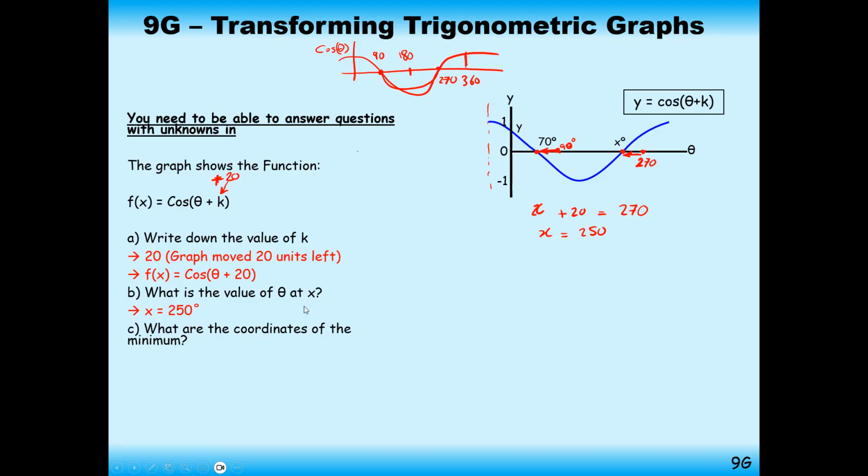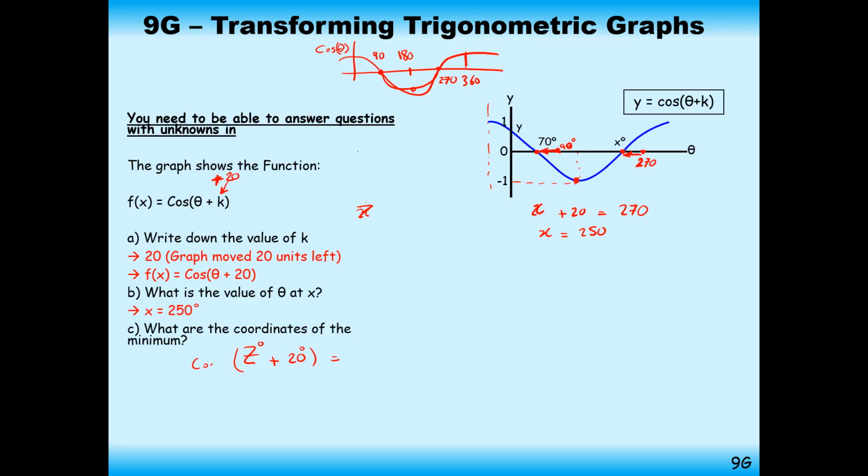And part C is asking us what are the coordinates of the minimum. By minimum they mean when the graph is at -1. It was originally at 180, and let's call this a different letter, z.